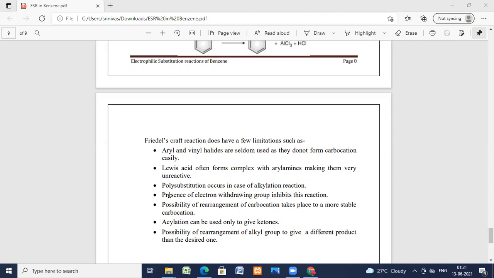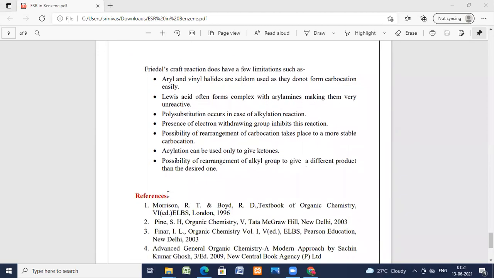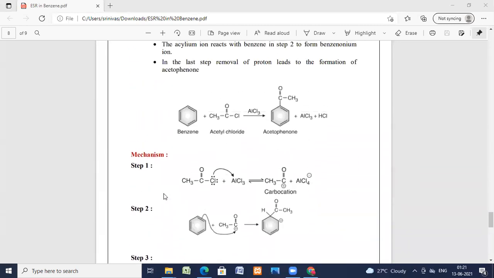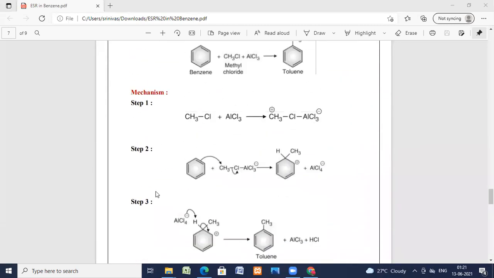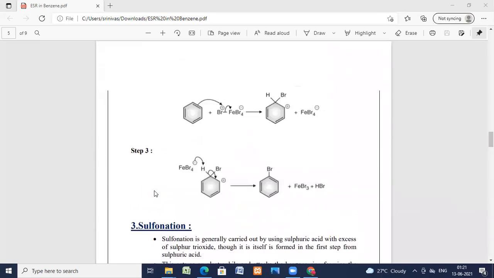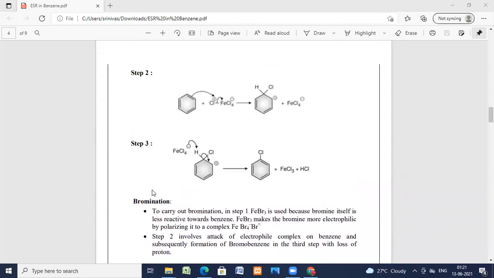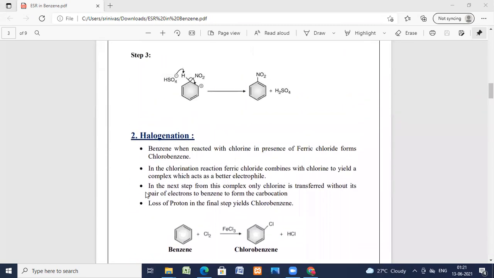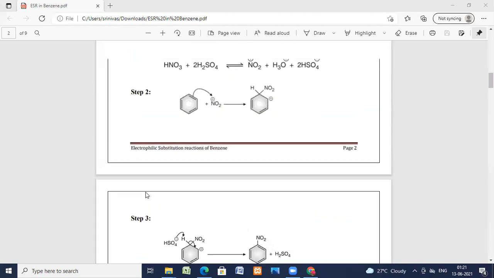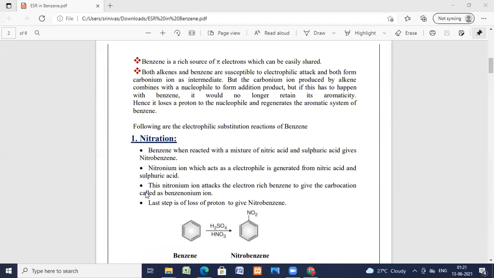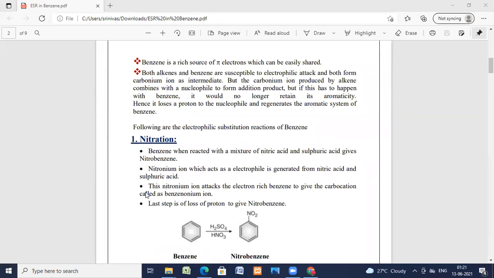We have seen the different ESR reactions of benzene. The first one is nitration. The second one is halogenation. Benzene, as we have seen, is a rich source of pi electrons, which can be easily shared.